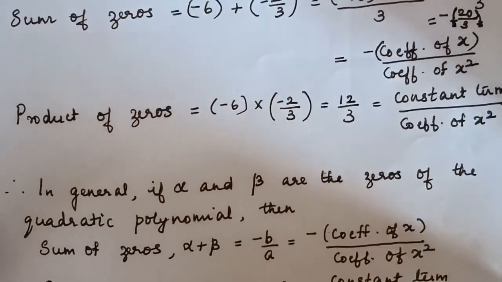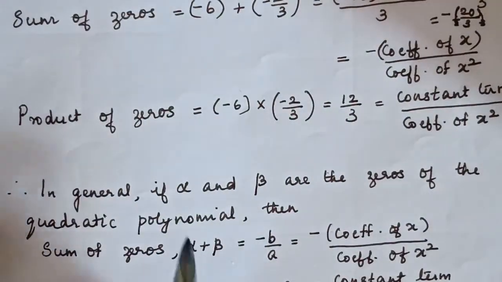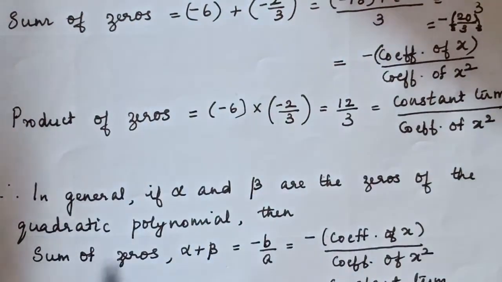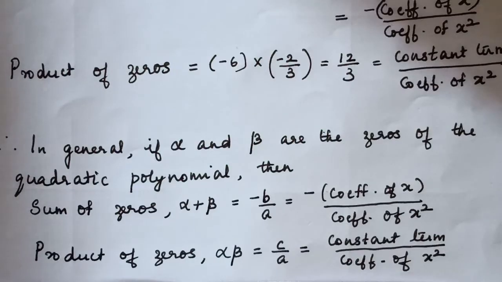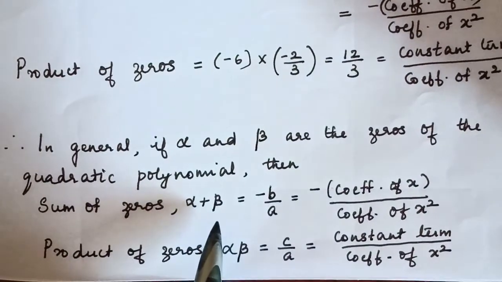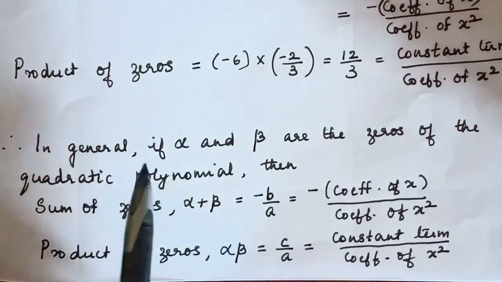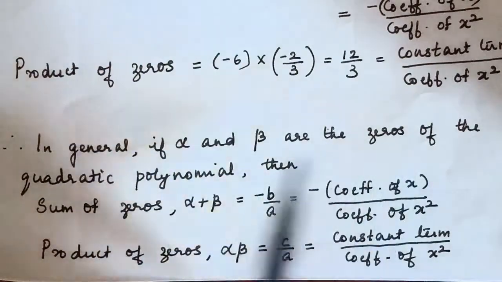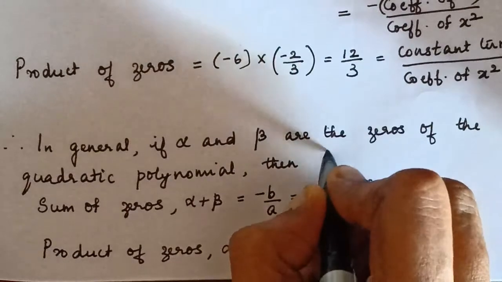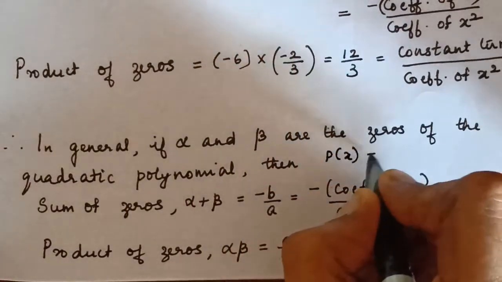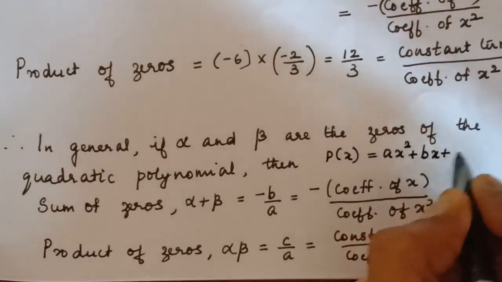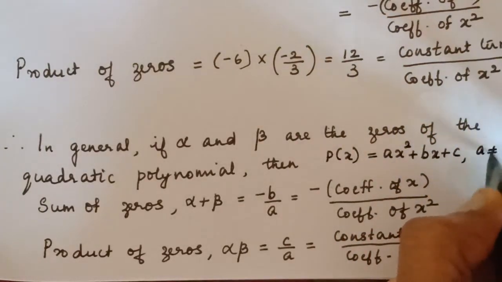So we can say that in general, if alpha and beta are the zeros of the quadratic polynomial, then the sum of zeros is alpha plus beta. What are alpha and beta? They are the zeros of the quadratic polynomial. And what is our quadratic polynomial? p of x is equal to ax squared plus bx plus c, a not equal to 0.